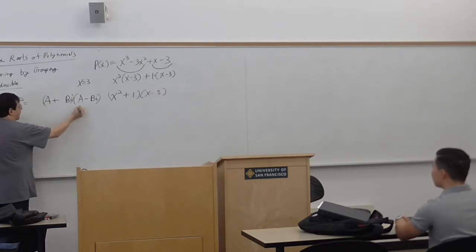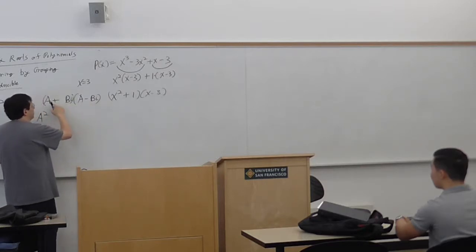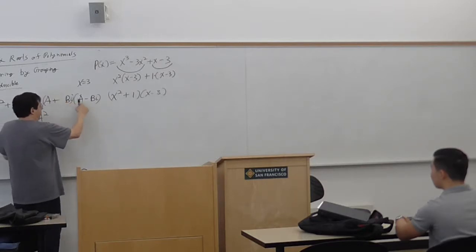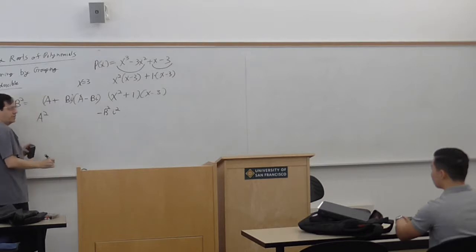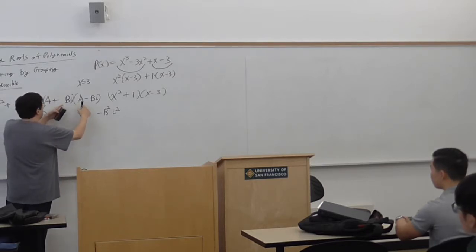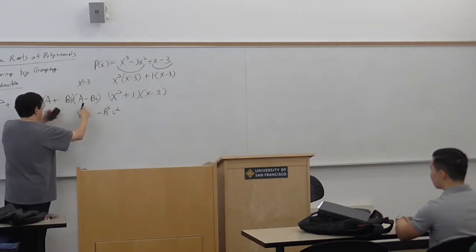So, again, I'm going to FOIL it. a squared, plus bi, minus bi, that's minus b squared i squared. Outer, inner, outer, I don't care.